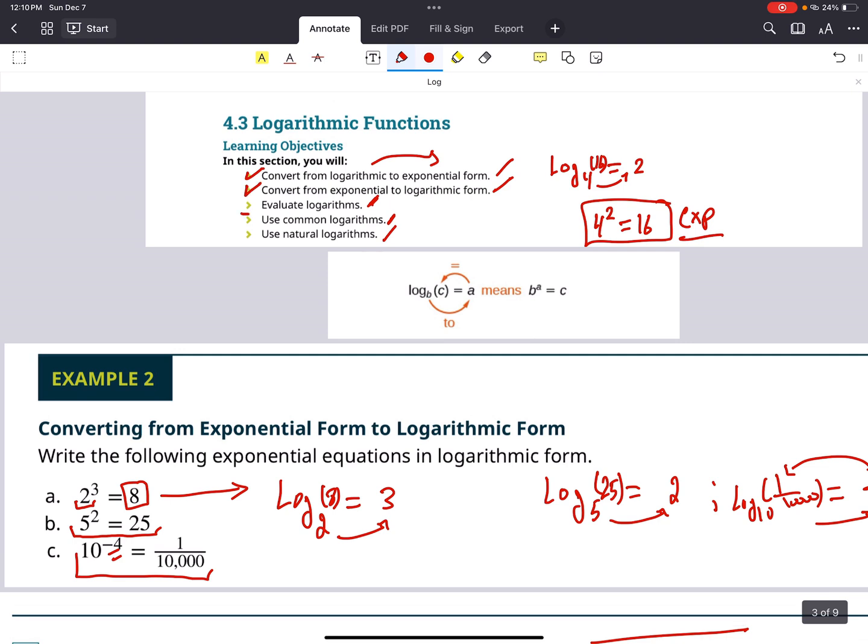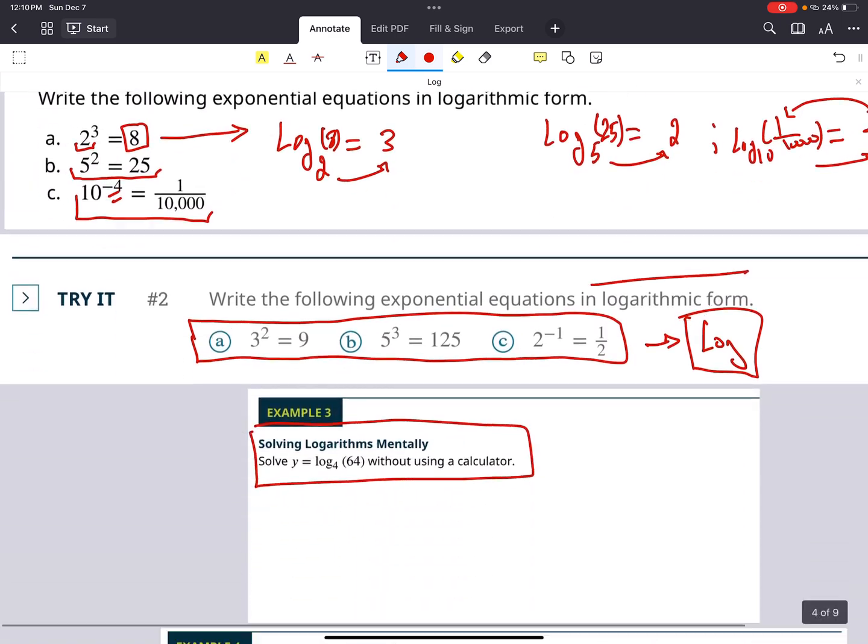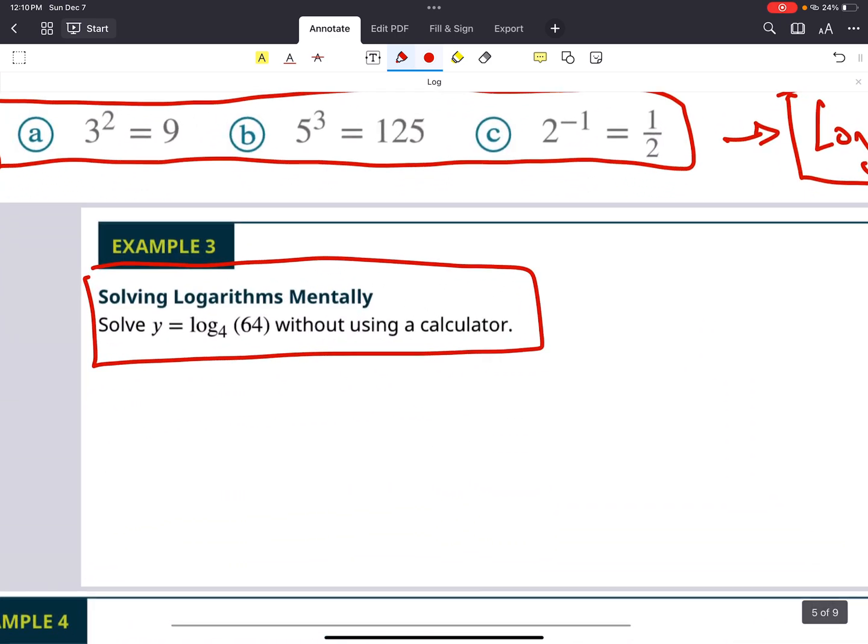The third objective is to evaluate logarithms. And to do that, you might be asked to convert from exponential to logarithmic or the other way around. In this case, I have y, which equals log 4, 64, right? How do I deal with this?